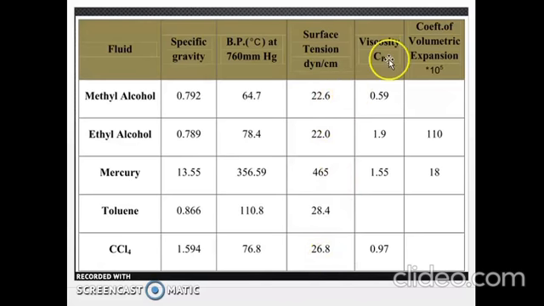The viscosity of the fluid is also an important characteristic, so the fifth column shows the viscosity of different manometric liquids. And the last column shows the coefficient of volumetric expansion. So these are a few usually used manometric liquids, of which the different important characteristics are mentioned here.